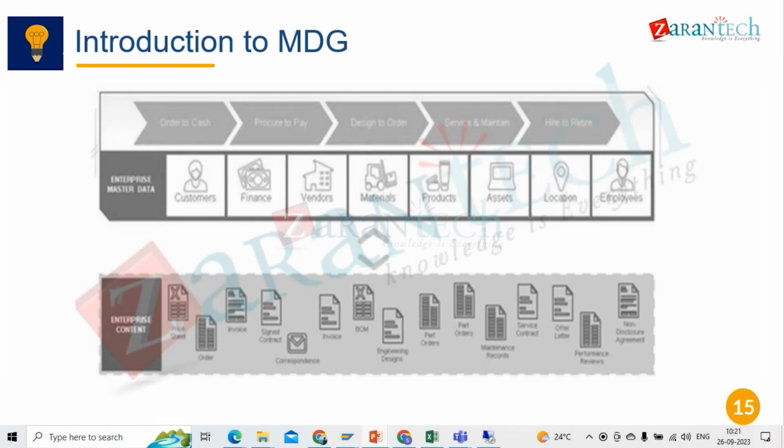In S4HANA, we have a new concept called business partner. Now you have access to the ECC system. You can try any transaction code like XD01, FK01, FD01, and let me know what it is showing.